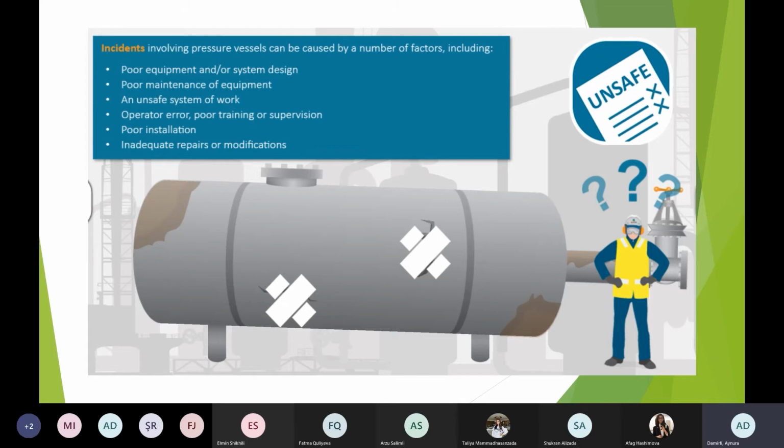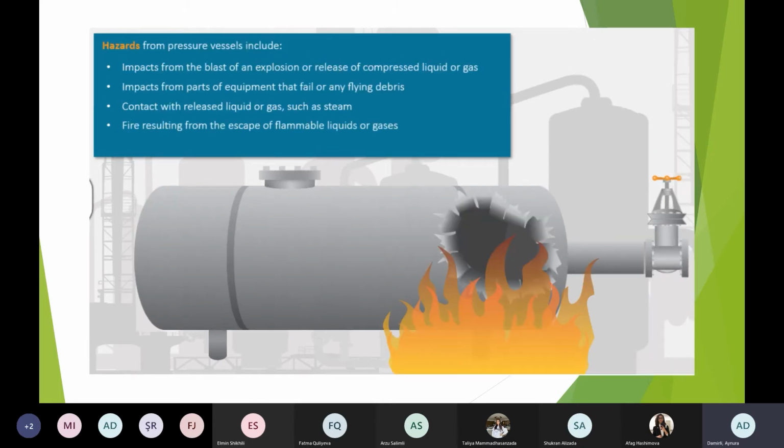For example, if we see on site that this material is degraded and equipment integrity is very close to loss of primary containment, we'll call it LOPC, and we repair, but the repair was done improperly, this also leads to an incident on site. So, hazards from pressure vessels: what happens if we do not predict everything on time.